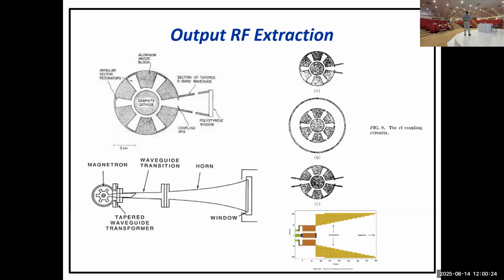So for radial extraction, you're safe from this, but for axial extraction, you need to do more of the end cap, and the end cap cannot be very close to here, because if you have a big end cap here, you're going to have a small opening and you're going to end up with arcing. And this is a problem.